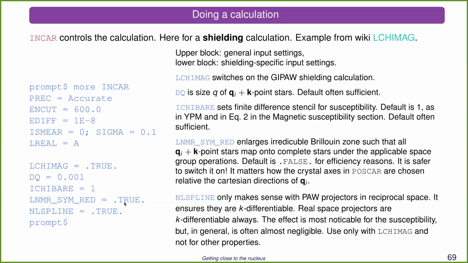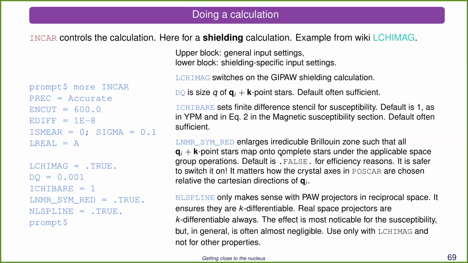Then the third one is very important: NMR_SYM_RED. That does, again, a simple symmetry analysis on the Brillouin zone, where now not only the points in the irreducible part have to map onto other points, but also the stars have to match.